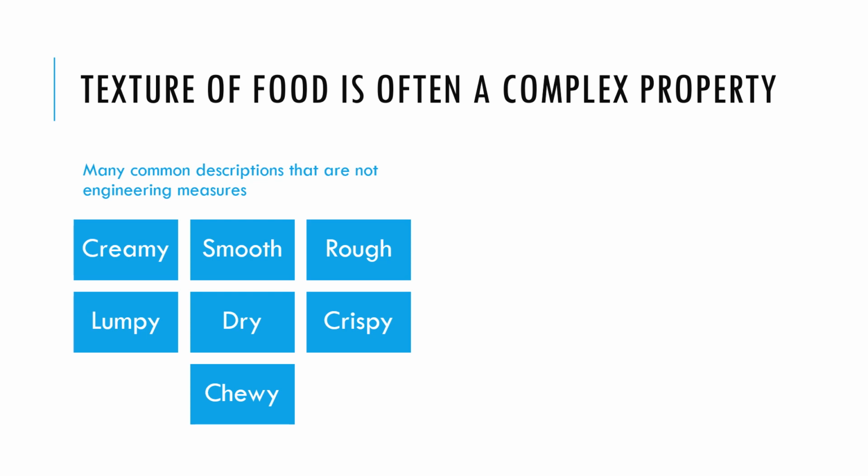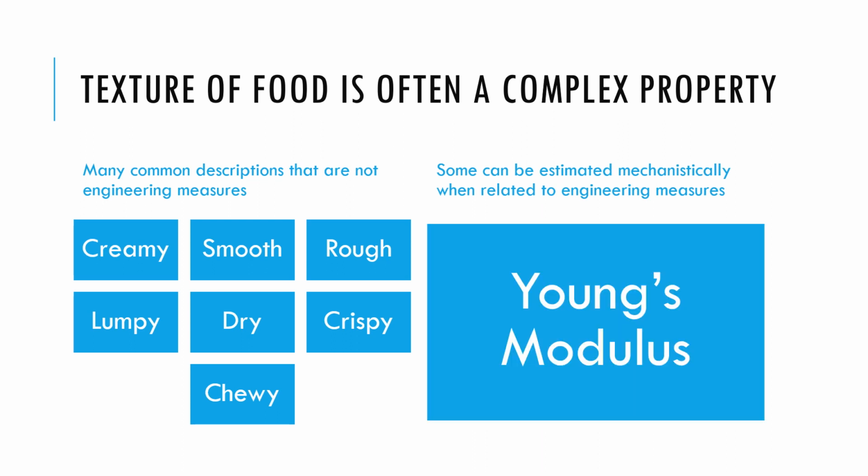But some of these can be related to engineering measures, and crispy, for example, can be related to Young's modulus. In fact, Young's modulus can be related to a number of these texture parameters. So we are going to choose Young's modulus as representative of the texture, and we're going to try to build a mechanistic framework for estimating Young's modulus.